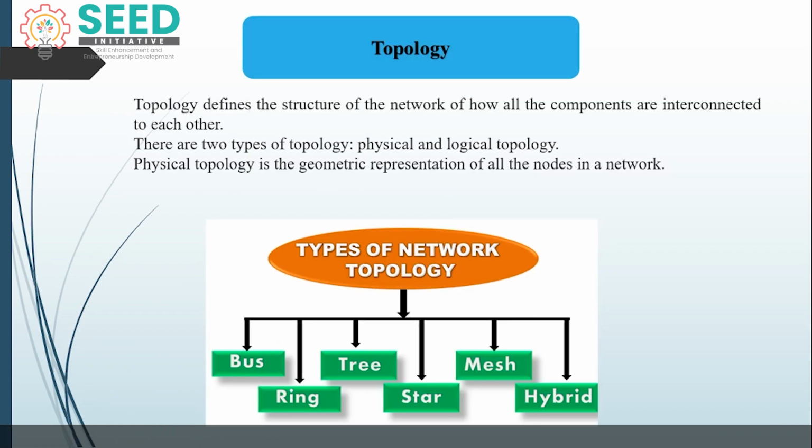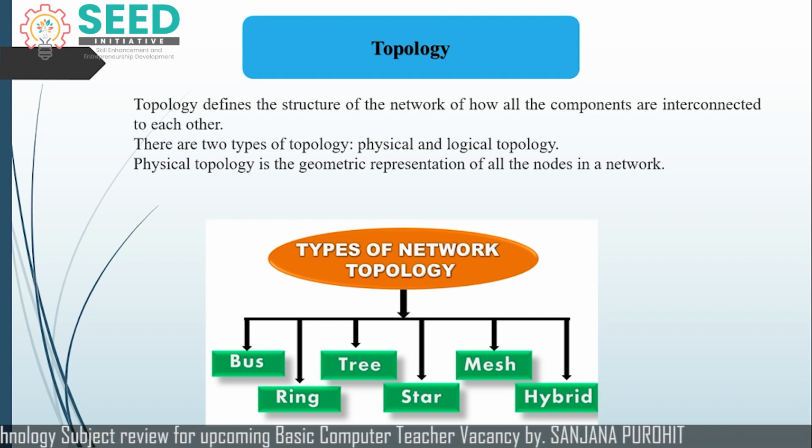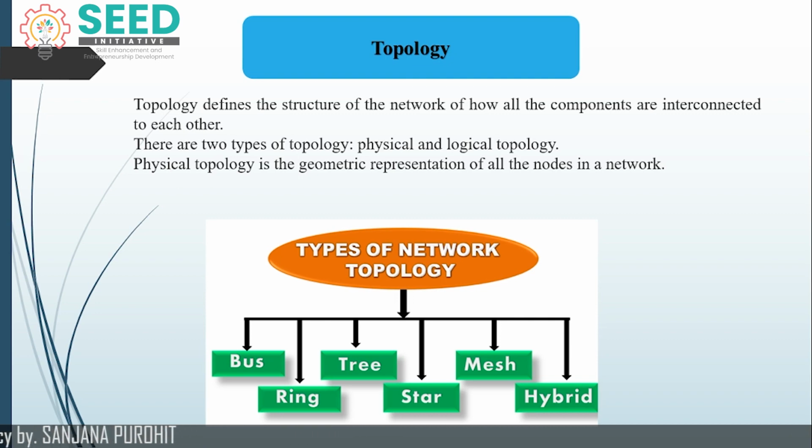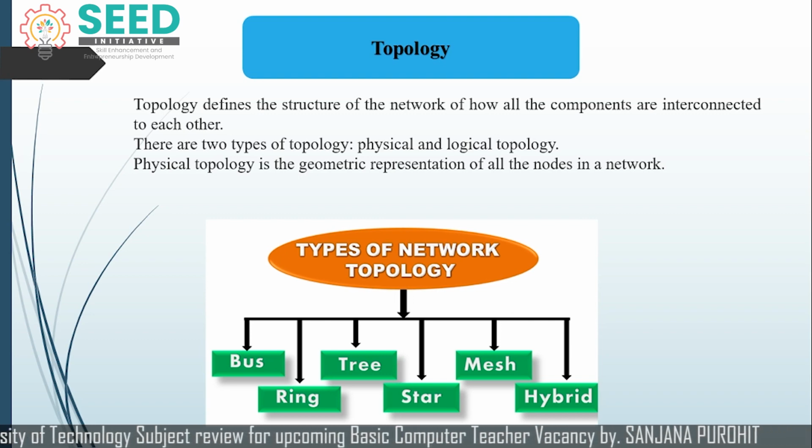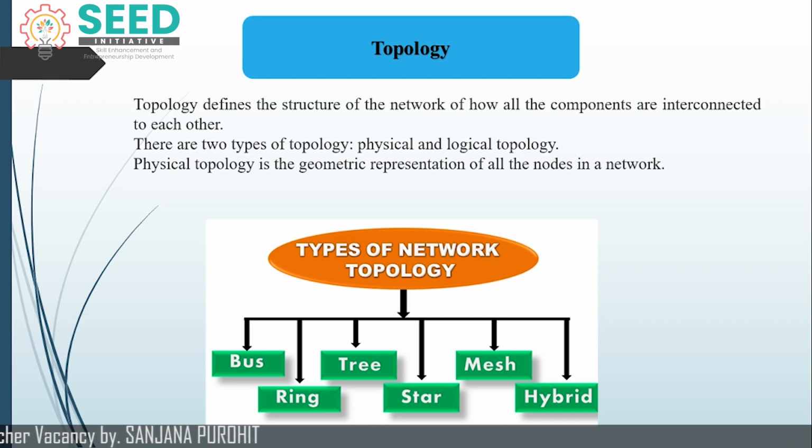Our next topic is topology. First, we need to understand the basic meaning of topology. Topology defines the structure of a network, of how all the components are interconnected with each other. There are basically two types of topology.